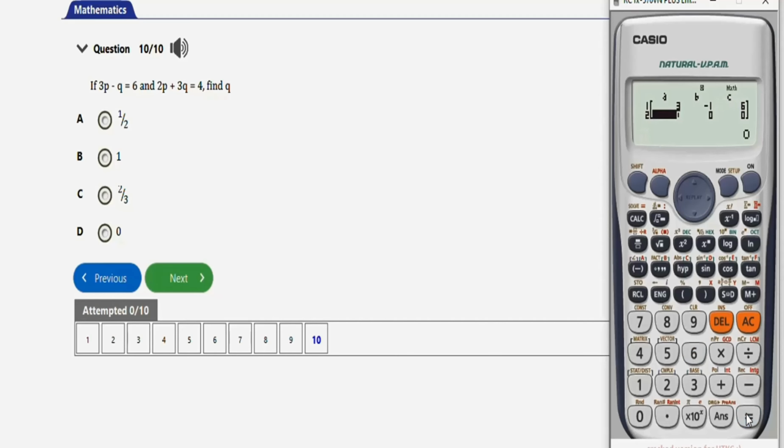For the second equation, we have 2 as the coefficient of 2p, then 3 as the coefficient of 3q, then the constant is 4. That's it, guys. Let's press equal to. So when our x is 2, remember our x is our p, we have to find the value of q, that's y. Our y will be 0, so the right option is option D.